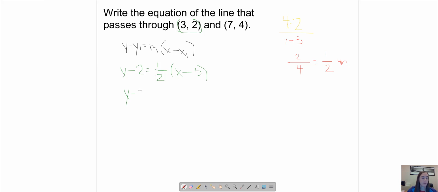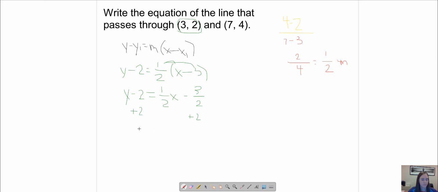Now to solve for y, I'm going to go y minus 2 equals, then you distribute. So I'm going to have 1/2 x minus 3/2. And then to get y by itself, we're going to add 2. You have to add it to the side that doesn't have an x.